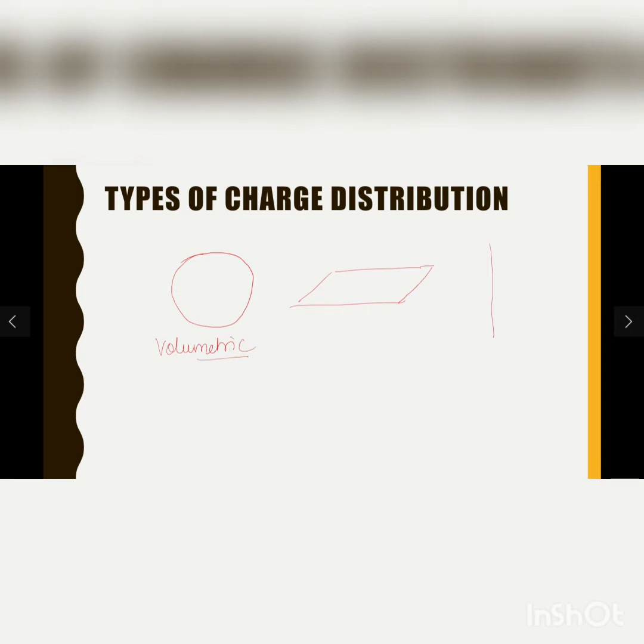When the charge is distributed over a plane surface like a 2D surface, then it is called surface charge distribution. When the charge distribution is over a very thin material, which for all purposes can be considered one-dimensional, then it would be considered line charge distribution.